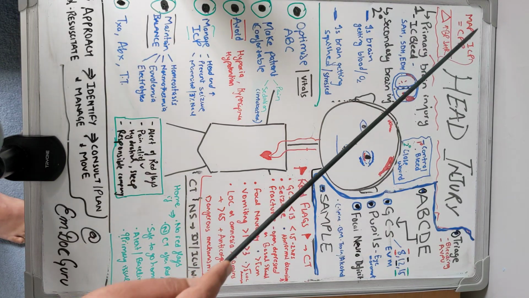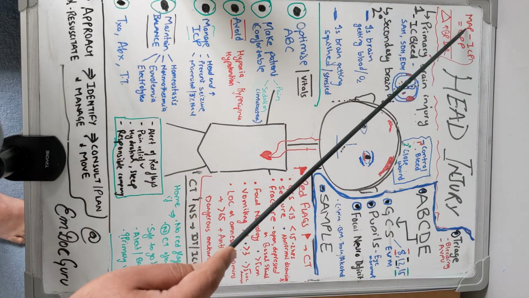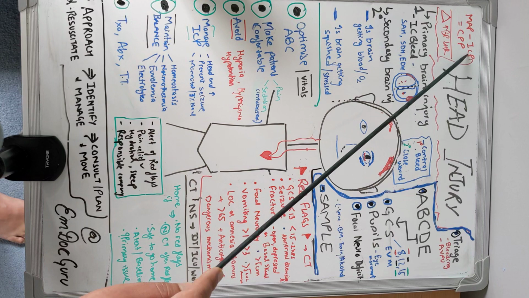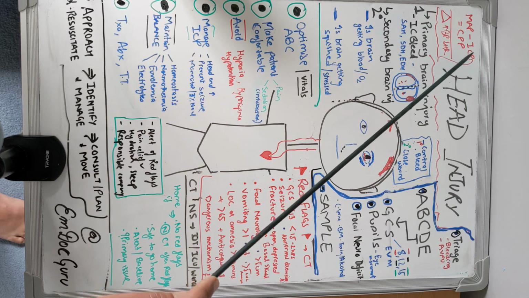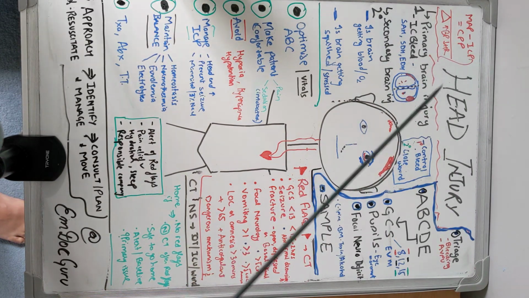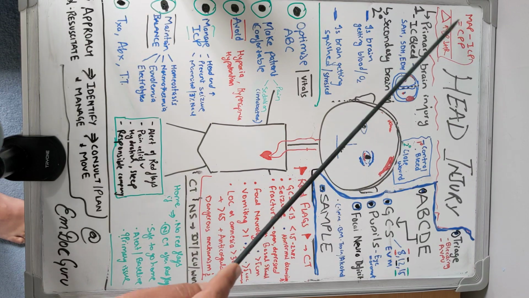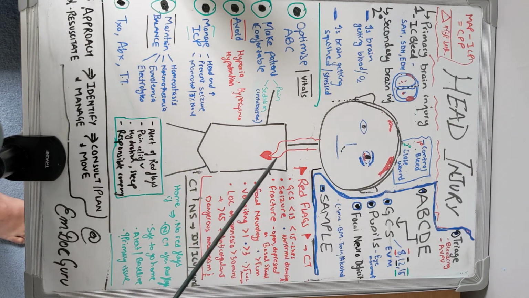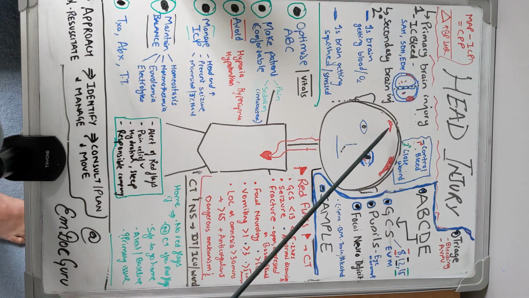SBP plus 2DBP by 3 is the MAP, and you minus ICP, and you get the cerebral perfusion pressure, which is basically the pressure in the arteries supplying the brain. So how much force the heart is pumping with, and with how much pressure the blood is coming to the brain.